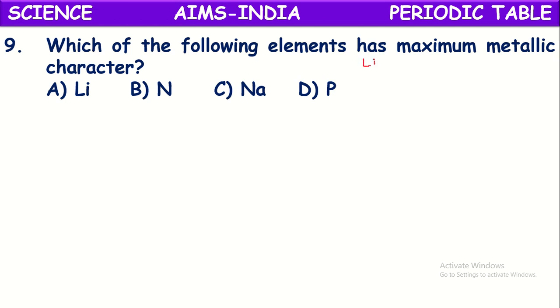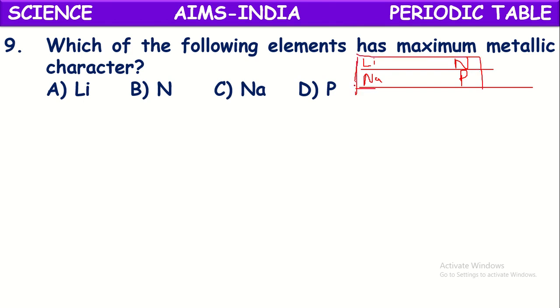First, lithium. Down to lithium there will be sodium. And nitrogen is in the same period along with lithium, on the right side. And phosphorus is in the third period along with sodium, and down to nitrogen.